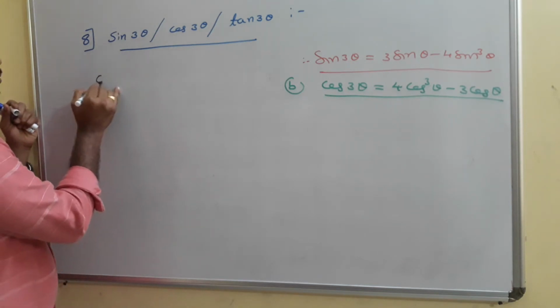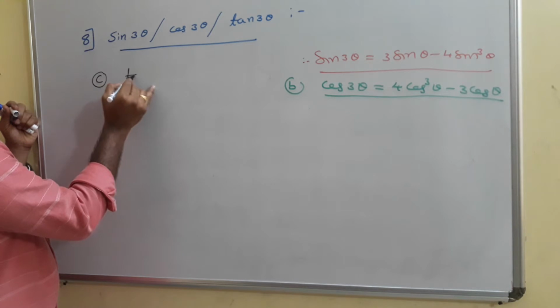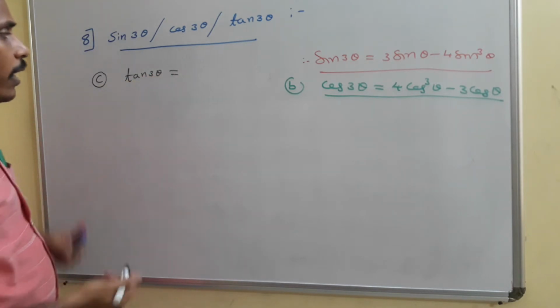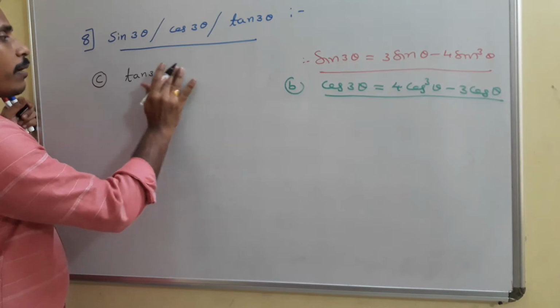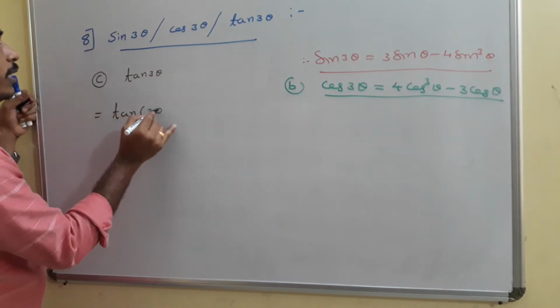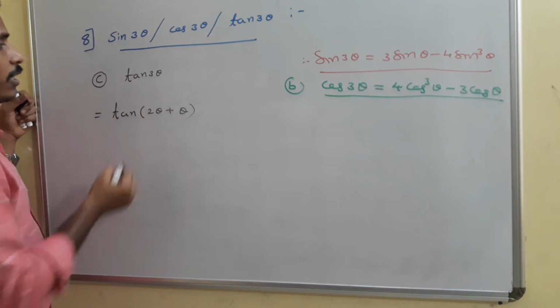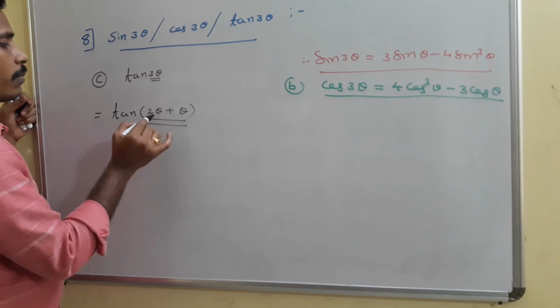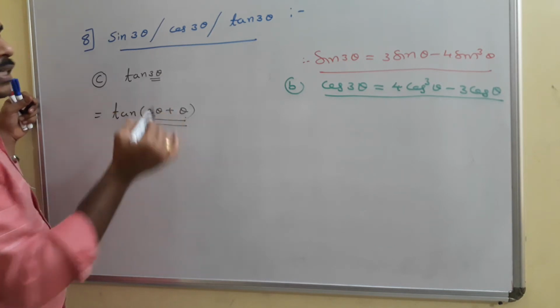And now see tan 3 theta, right? This is somewhat complicated. Complicated in the sense, again we need to derive. Tan 3 theta can be written as tan of 2 theta plus theta again. 3 theta is nothing but 2 theta plus theta. So 2 theta is a and theta is b.